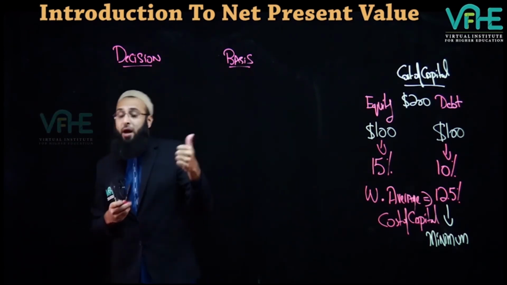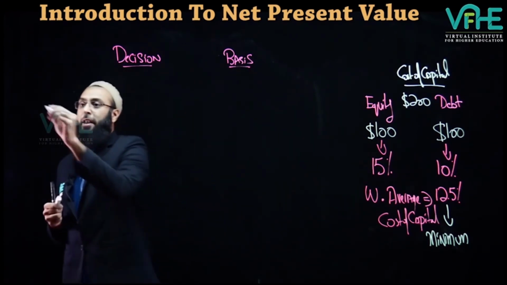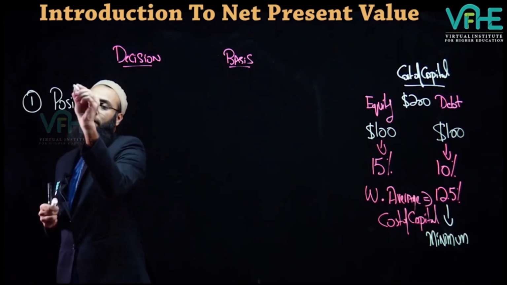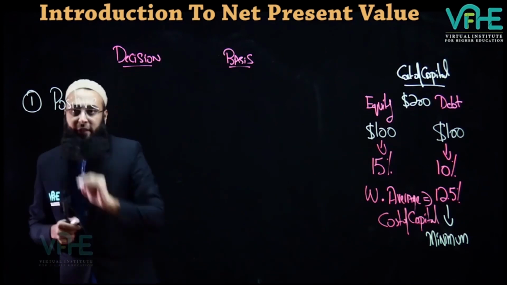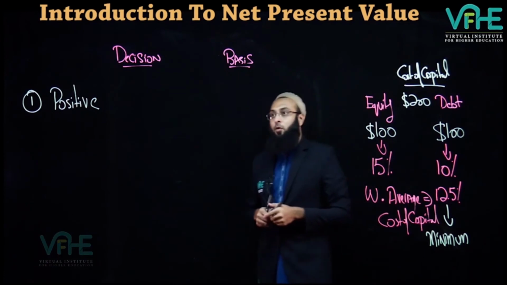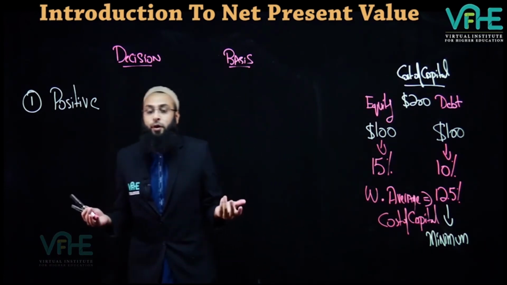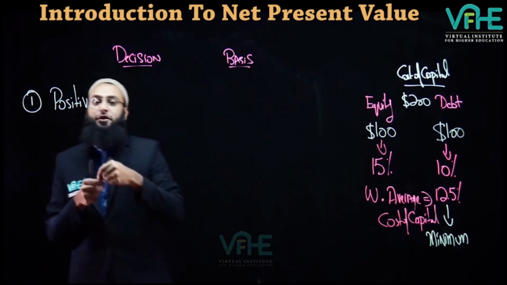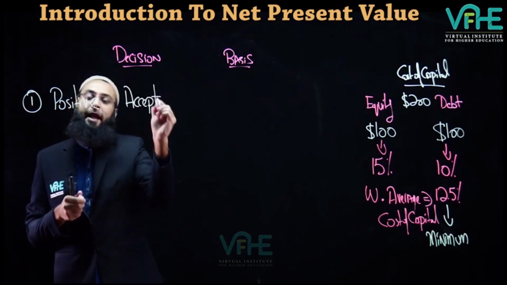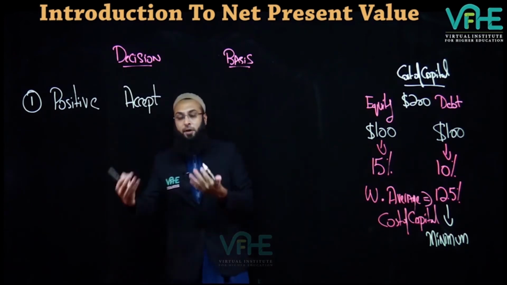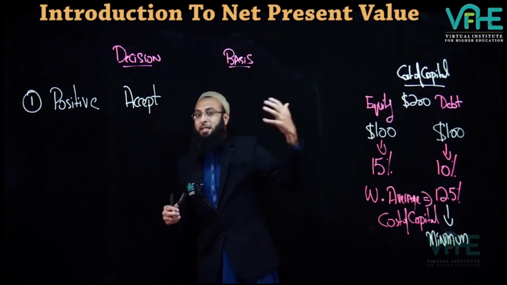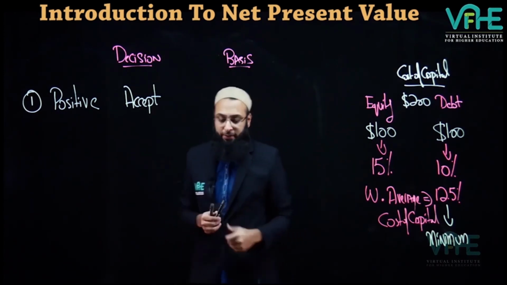Possibility one is when the answer of NPV is positive. Now, if the answer of NPV is positive, what decision do we need to take? Simple. The decision is to accept it. Accept the project. It's a positive NPV. Okay. Now, what is the basis behind accepting the project?